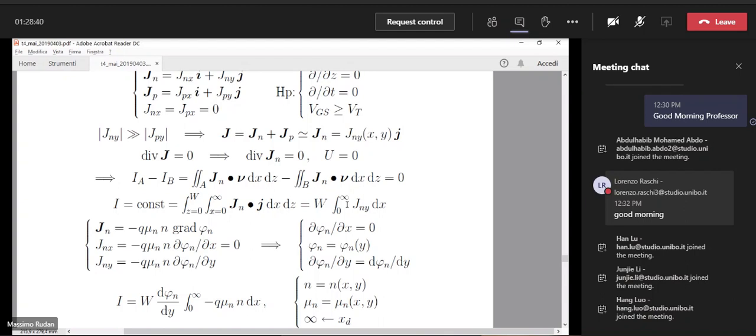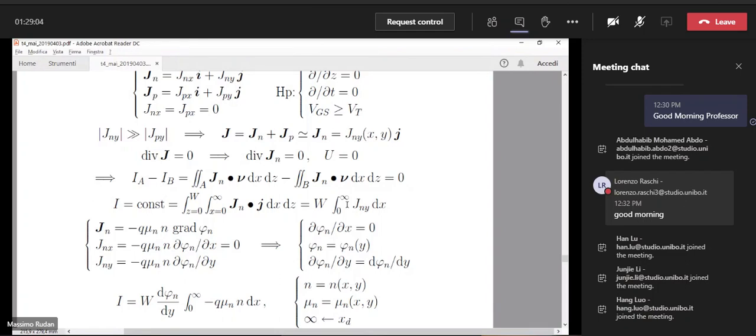However, at some point in the analysis of the mathematical model for semiconductors, we introduced another form of the current density that we call the monomial form, that comes essentially from a change in the variables, okay?